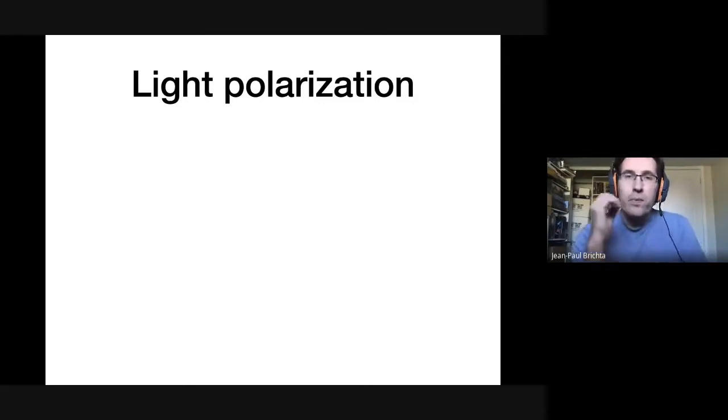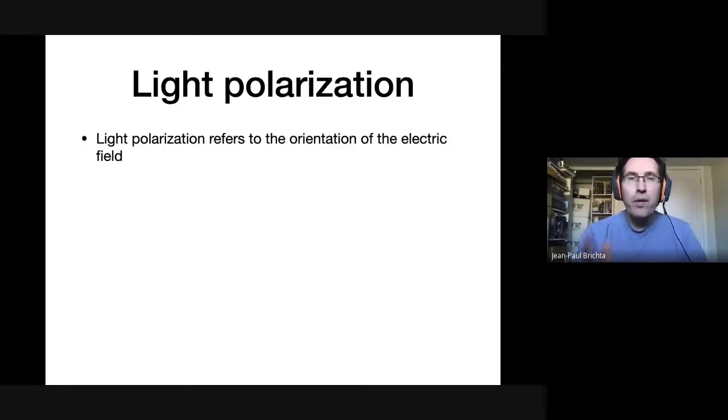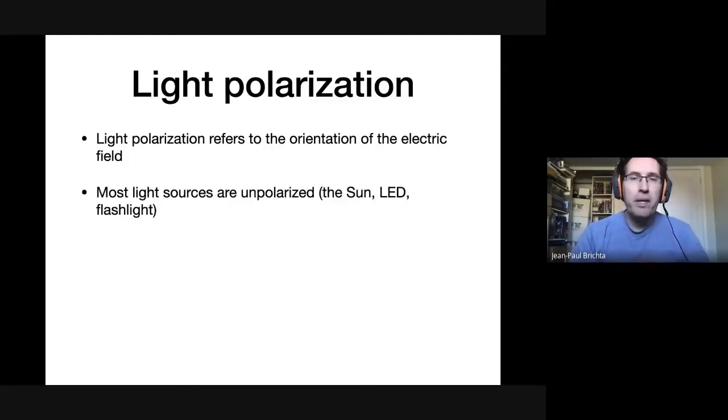Okay, so if I just consider the electric field for the moment, then we come to something called polarization of light. Light is said to have a polarization, which refers to the orientation of the electric field. Now, this can be a little bit tricky because a lot of light sources are actually unpolarized.